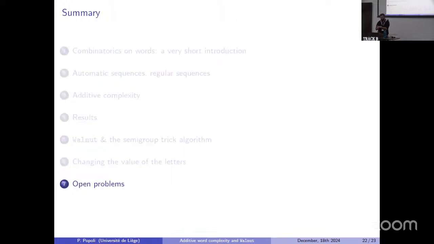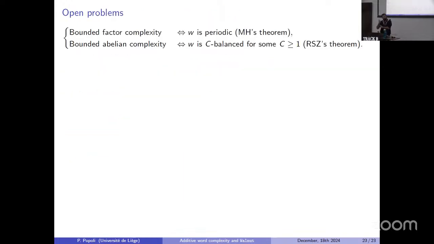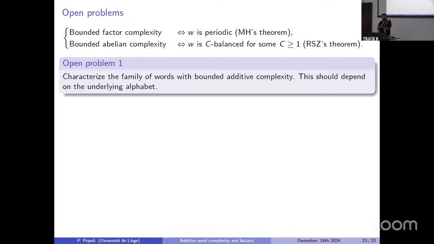And I will just conclude with open problems. So we have one theorem that characterizes words with a bounded factor complexity. This is the Morse-Hedlund theorem. And we also have a theorem for the words with a bounded abelian complexity. So we want maybe to characterize the family of words with bounded additive complexity.